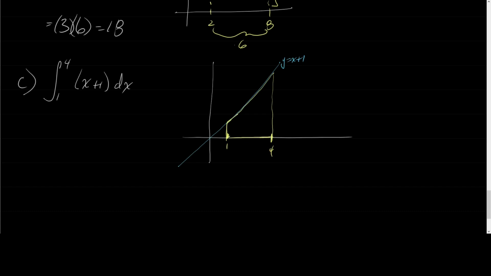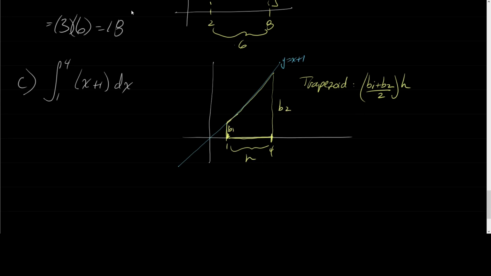Now in here, what shape is this? Well, it's not quite a triangle, right? Because we're missing this piece over here. So what shape is this that we can actually find the area of? Well, this is a trapezoid, all right? And for the trapezoid, the area is base 1 plus base 2 over 2 times the height, all right? So essentially, where this is base 1, and this is base 2, and this is the height.